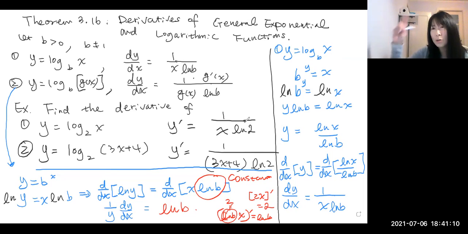We take the derivative of x, which is 1, times ln b, which is just ln b. Correct? Okay.